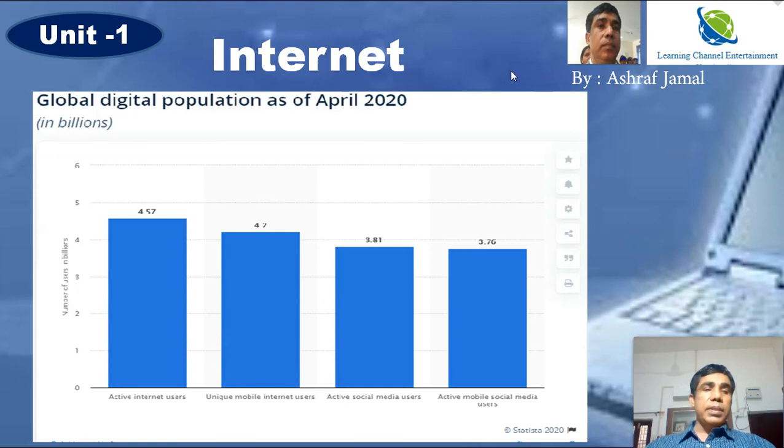Active internet users 4.57 billion, unique mobile internet users 4.7 billion, active social media users 3.81 billion, active mobile social media users 3.76 billion. This is the data of April 2020, given by Statista.